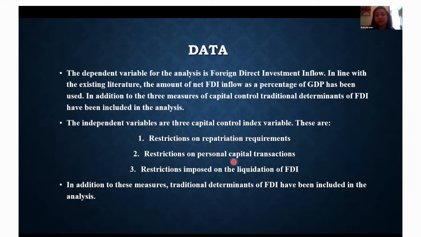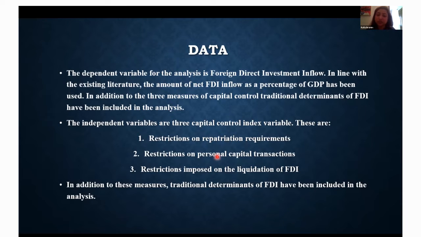Similarly, the second restriction is the personal capital transaction. Basically, these are the restrictions that are put on personal capital. When a foreign investor invests in a foreign country, then he has to take back his money, or his profit, to his own country. In order to do that, they need a personal capital transaction account.